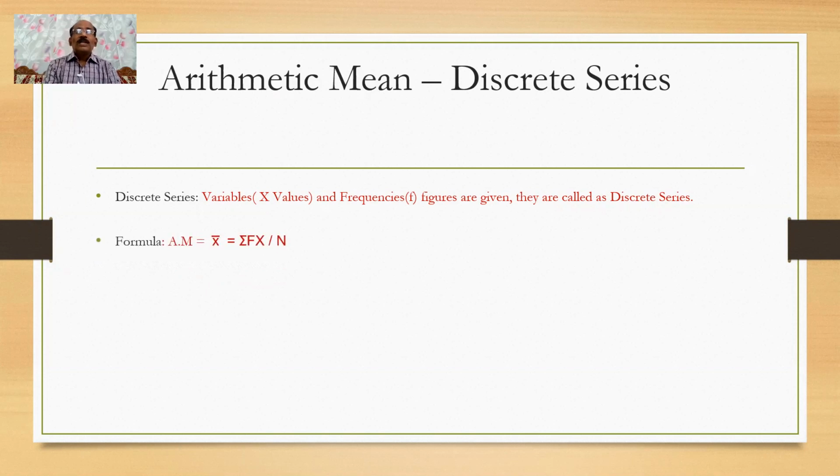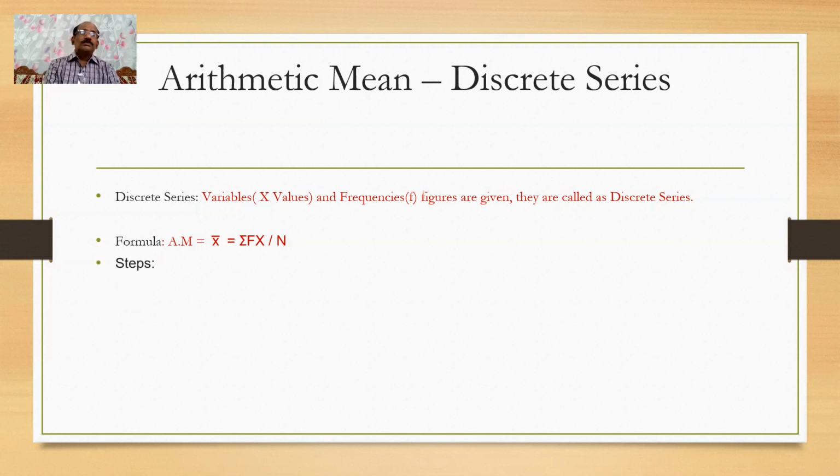For this discrete series, the arithmetic mean formula is: arithmetic mean, or x bar, is equal to sigma fx by n. X bar is another symbol of arithmetic mean. It is the formula for calculation of arithmetic mean in discrete series.